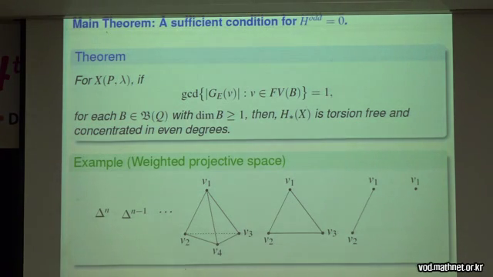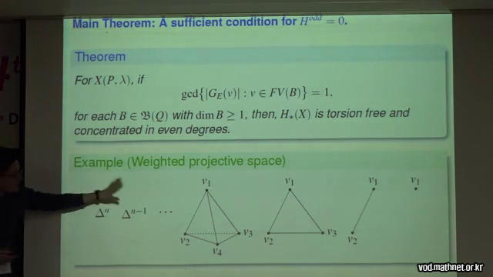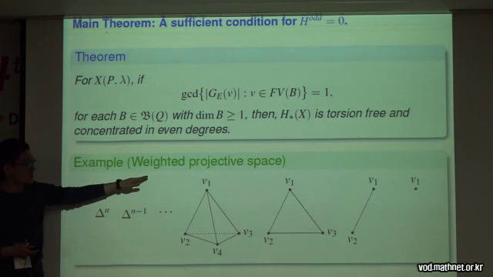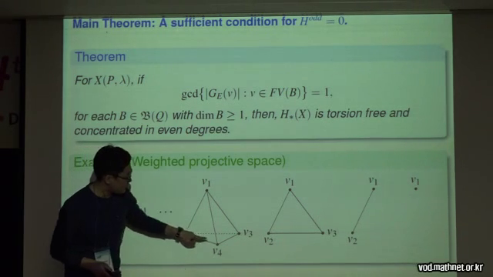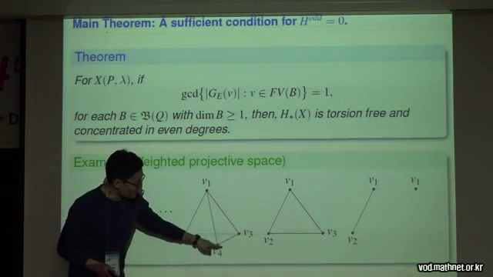For example, the basic idea in this weighted projective space case: if you have a weighted projective space with weight 1, 2, 4, 6, then if they have a common GCD, they are homeomorphic to the one with the weights divided out.